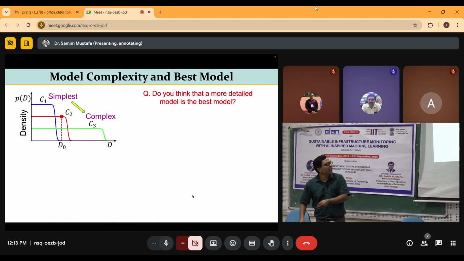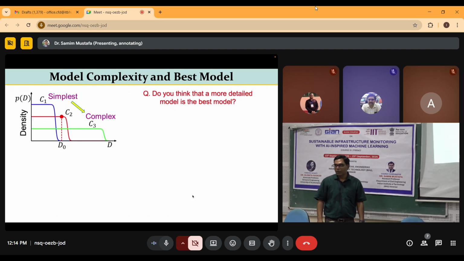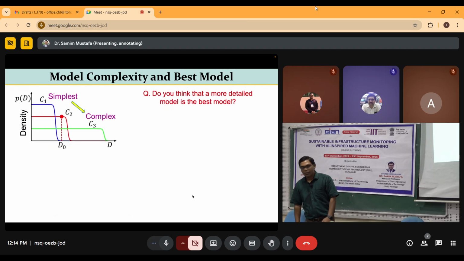For example, there is a graph over here. C1 is the simplest model, C3 is the complex model, and C2 is the intermediate one. Now I want to fit this observed data D0. Which model among these three will fit this observed data in the best possible way?